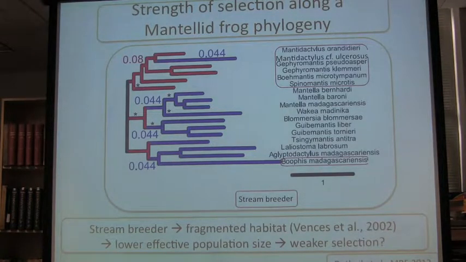And if selection is less efficient, then the dN/dS is going to be higher. So that's what you would be seeing here: stream breeders where habitat is fragmented, selection is less efficient, and dN/dS is higher, and you have those red branches there. So that's the hypothesis I can come up with to try to explain this pattern. Obviously, more tests are needed to confirm or reject this hypothesis.